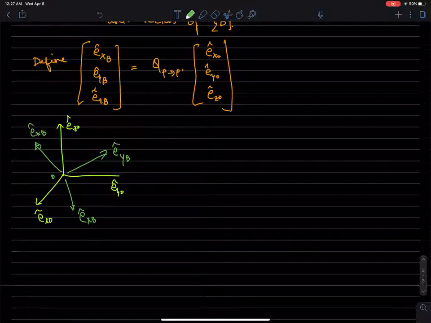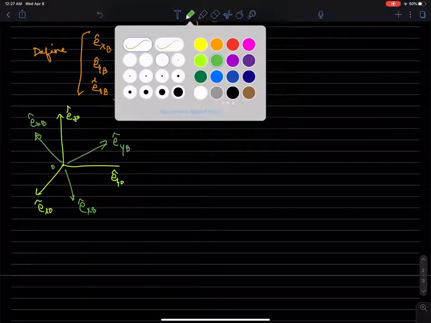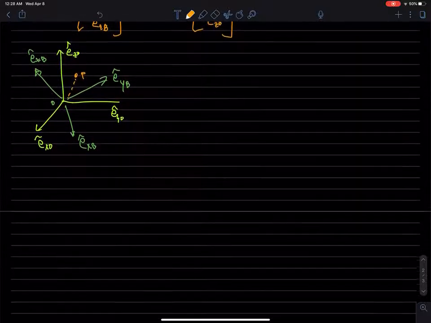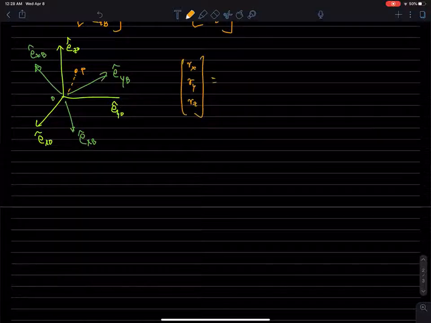Okay, so we have two coordinate frames like that, and we have some point R, point P, like so, that you can represent in either of these coordinate frames. Okay, so let's represent it first. Of course, we know that Rx, Ry, Rz is basically the representation of OP in frame 0.